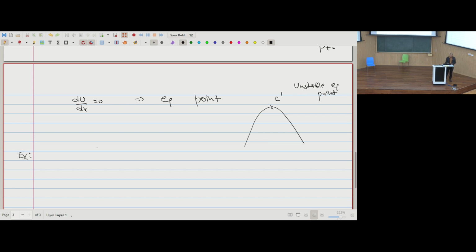Let's take an example of a pendulum. So you have a very light rod of length L, and there is a mass m that hangs from it. It is displaced at an angle of theta from the vertical.